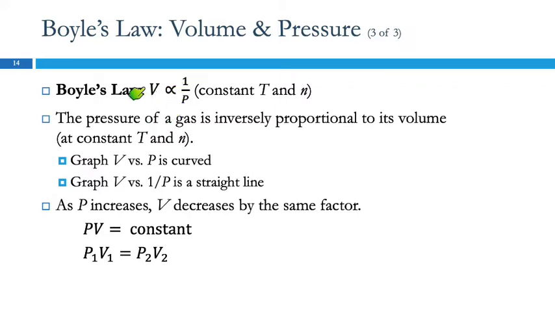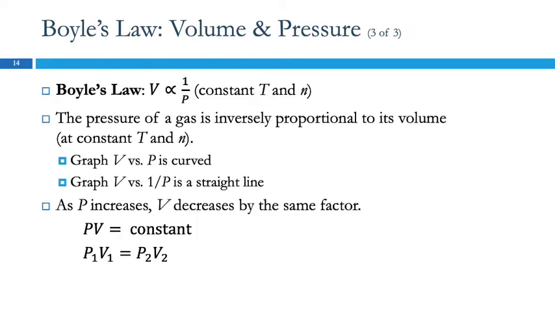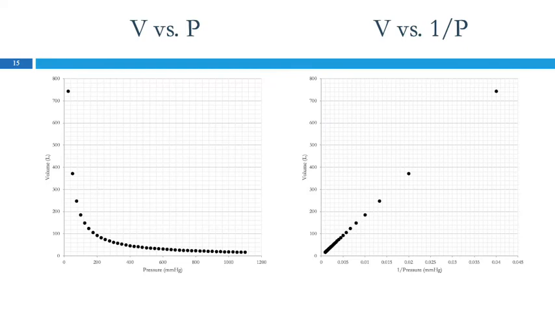So if we graph the volume versus pressure, we get a curved line, and that's what we saw here. Volume versus pressure. If we graph volume versus 1 over the pressure, we get a straight line, and that's shown here. So this is volume versus pressure. This is volume versus 1 over pressure.